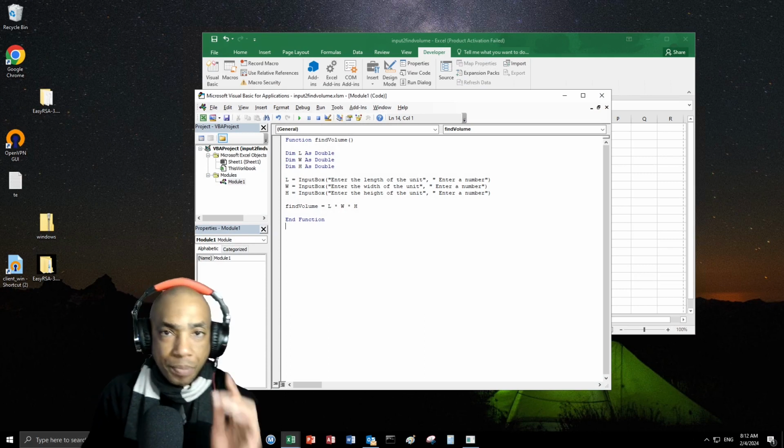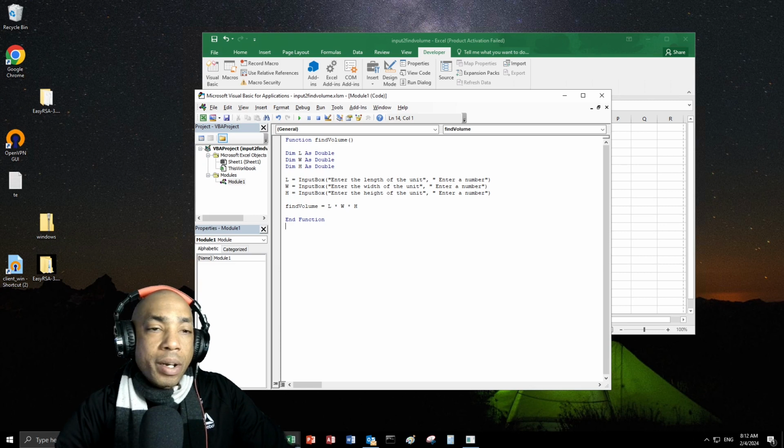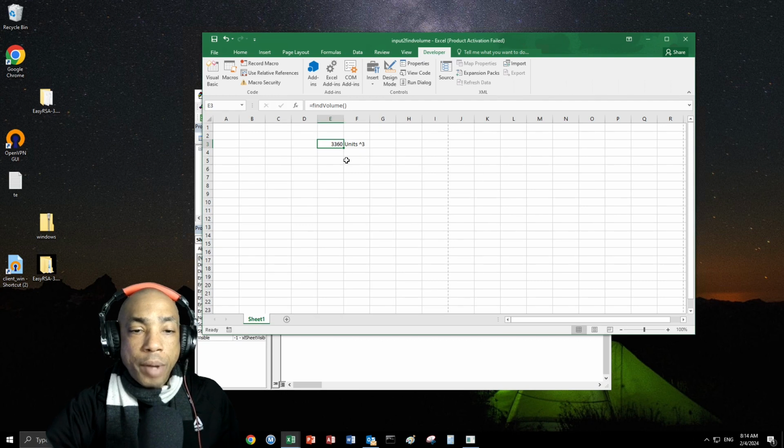So, we declare our length, our width, our height as doubles, and then we prompt with the input box by saying L equals input box. It's going to ask us 3 times for these numbers, 1 time for each. So we're going to find the volume by doing the calculation, and it's going to put the answer right back in here.